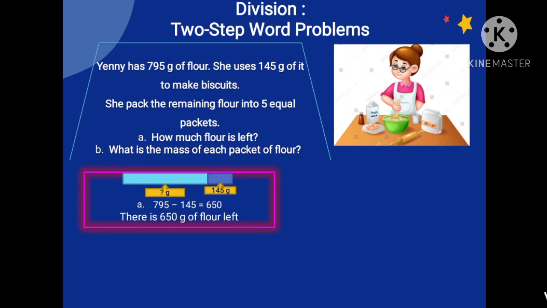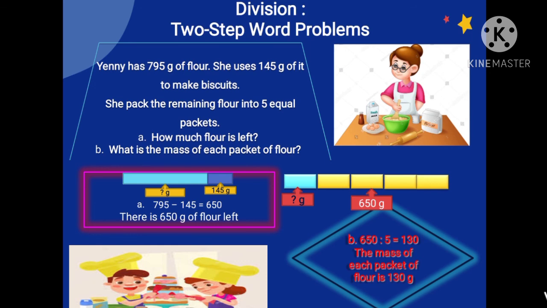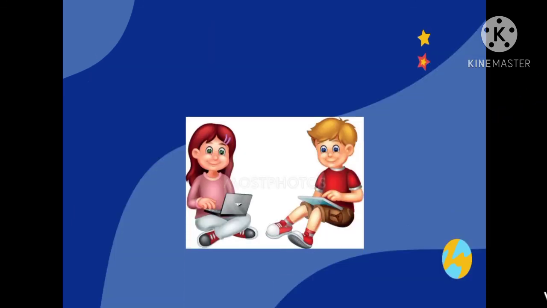So you need to divide the flour left, 650 grams, into 5. So 650 grams divided by 5 is 130. So the mass of each packet of flour is 130 grams. Very well. Now let's move on again.